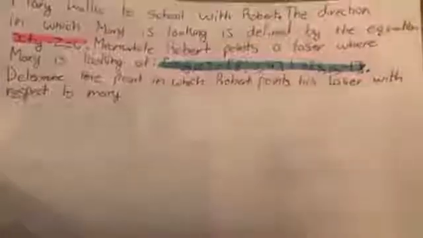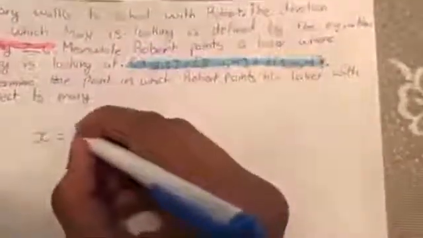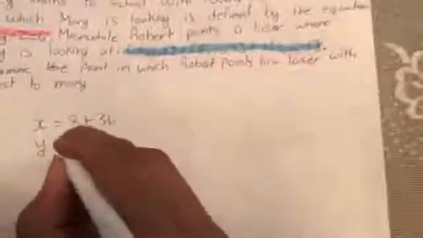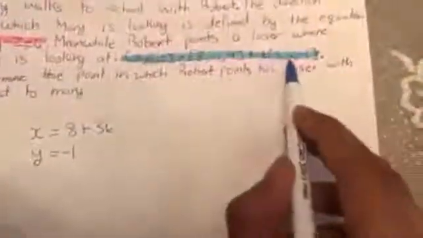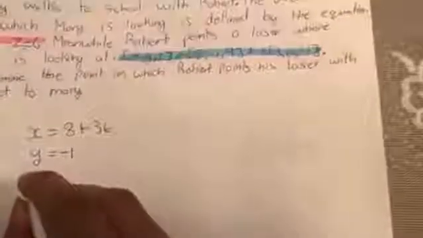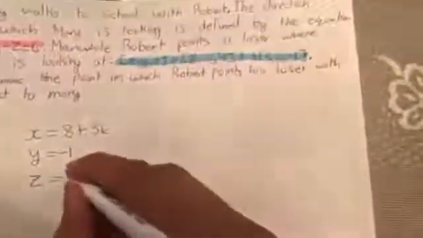The first thing we will do is put this line equation into parametric form. So we're going to have x equals 8 plus 3t. We're going to have y equals -1, because t is 0 in the y component, and z equals 4 minus t.